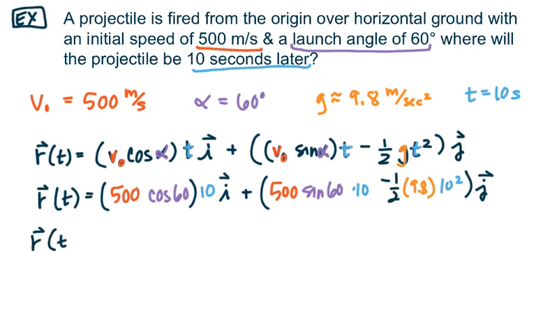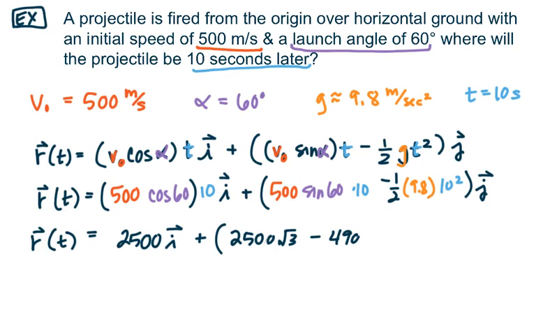Simplifying, cosine of 60 is 1/2, so 500 times 1/2 is 250, times 10, I have 2500 i, plus 500 sine of 60, that's root 3 over 2, so that's 250 root 3, times 10 would be 2500 root 3, minus 9.8 divided by half, that's 4.9, times 100, so that would be minus 490 j.